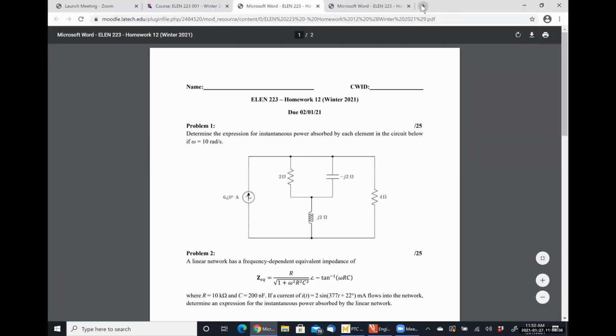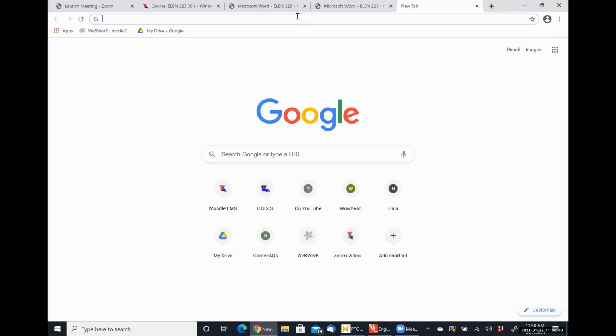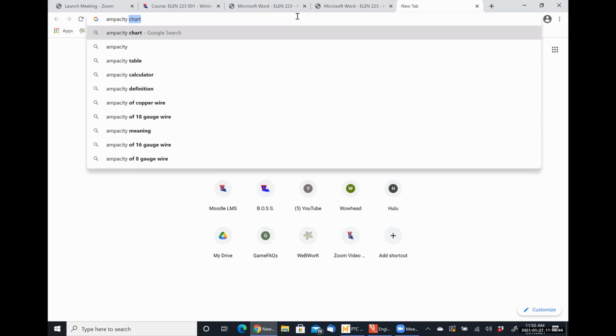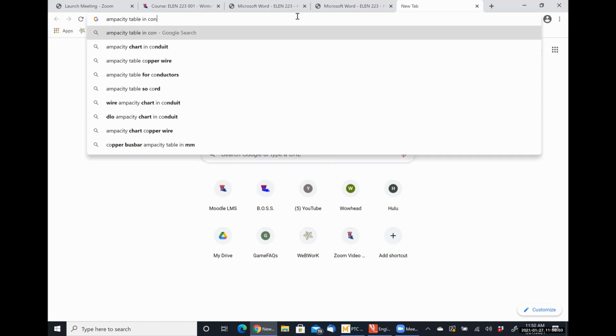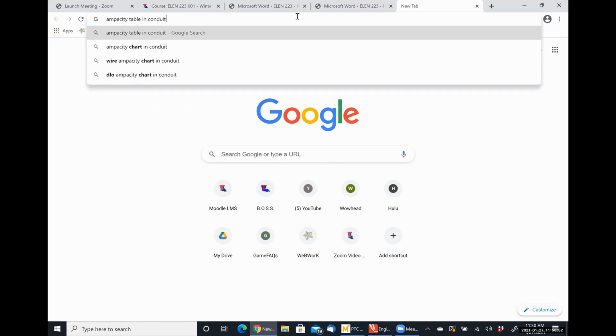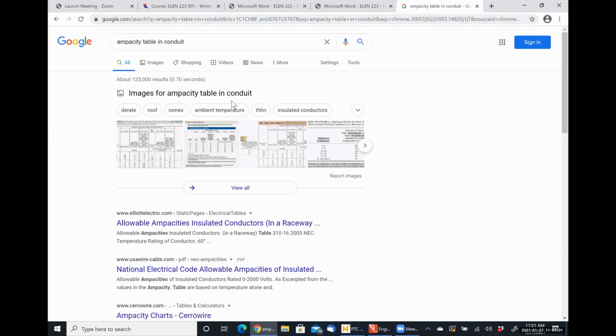So what I'm going to do is look up an ampacity table, and let's say it's going to be in conduit, because it's very unlikely that we're just going to have live wires kind of laying around in a battleship. Seems legit.